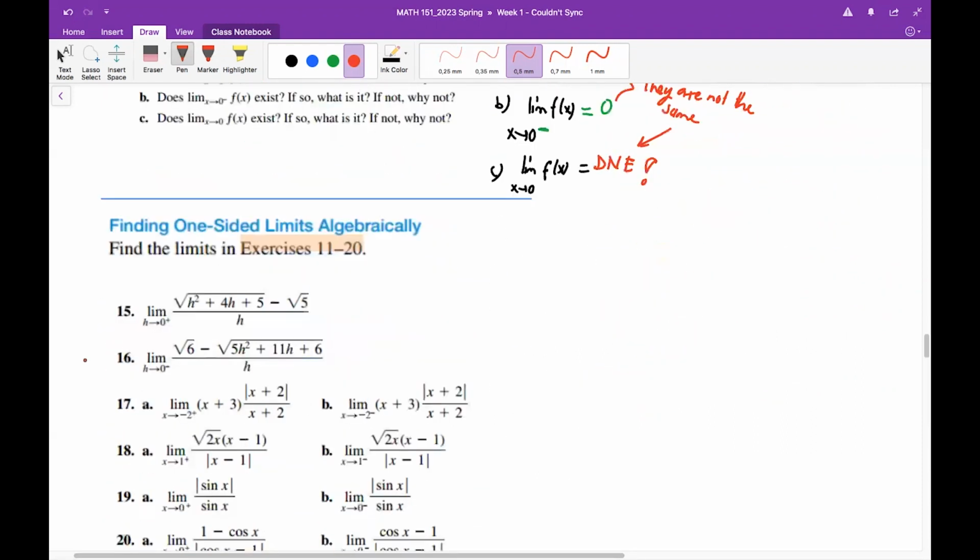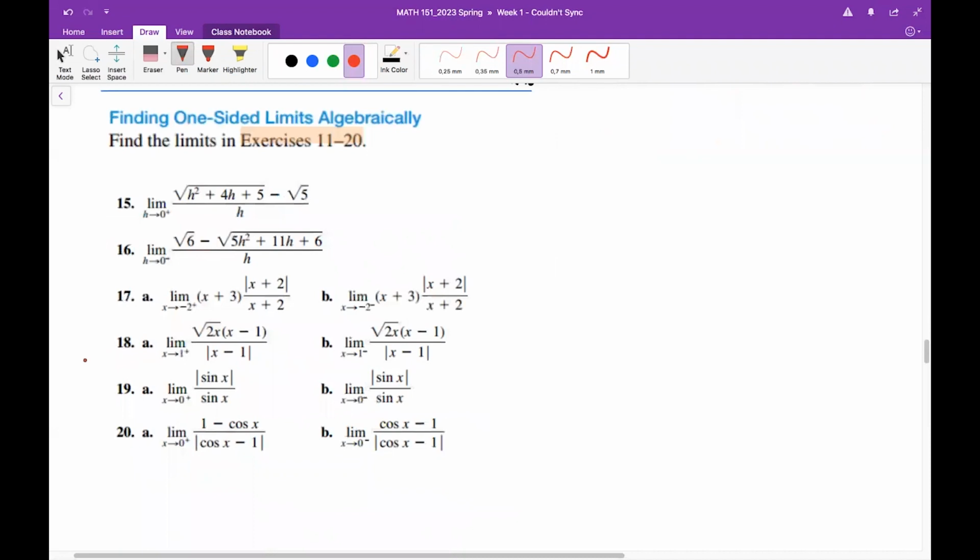Okay, let's move on. Now we will deal with this group where some one-sided limit computations are given. So these are algebraic computations. For example, for this one and this one, I think I already explained what to do in the first lecture. So what you are supposed to do for these two? Who remembers from the first part?